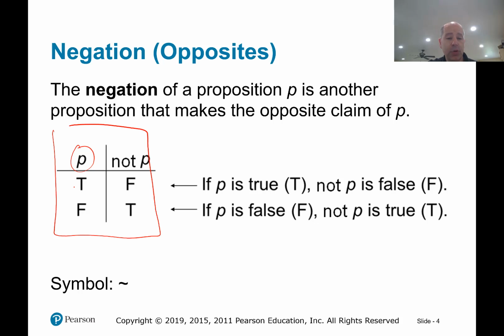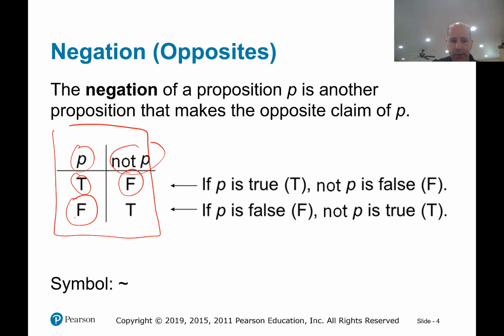The whole purpose of the truth table is to figure out all the possible conditions when a statement is true and false. So if we start with one proposition P, then we're only going to have two values, either true or false, T or F. Now, if we make the next column, not P, well, if P is true, then not P would be false.